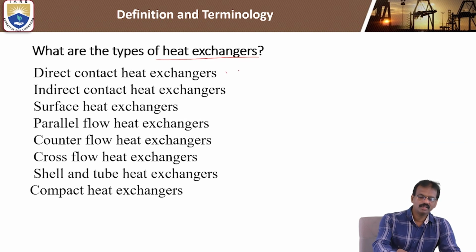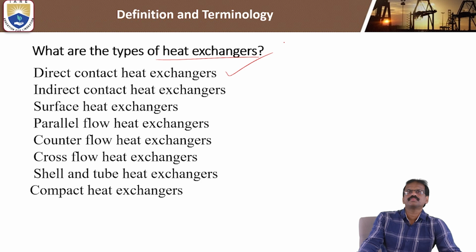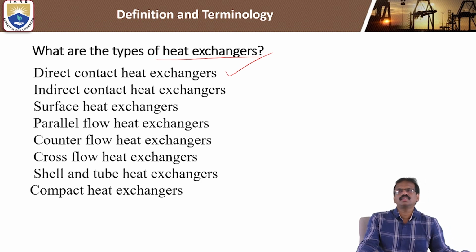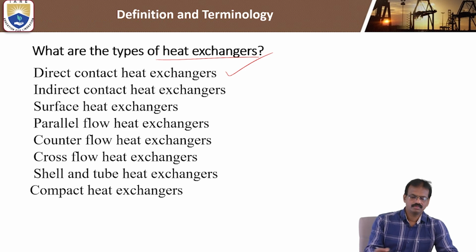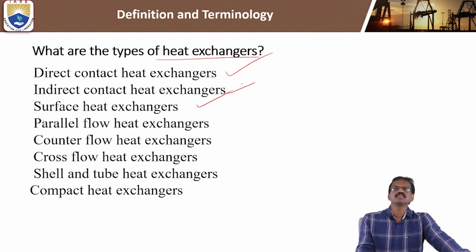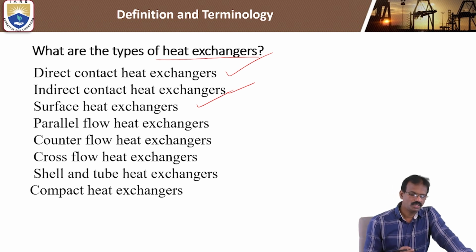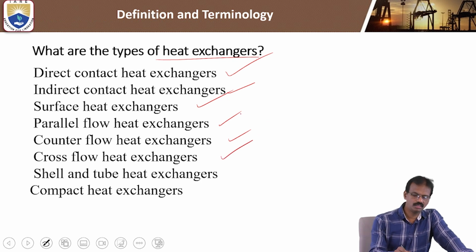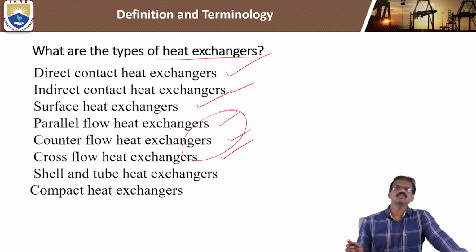The first one is the direct contact heat exchanger. The second one is the indirect contact heat exchanger. The third one is the surface heat exchanger. The next ones are the parallel flow exchanger, counter flow exchanger, and cross flow heat exchanger. These three are very important. These three classifications are based upon the direction of flow of the fluids.